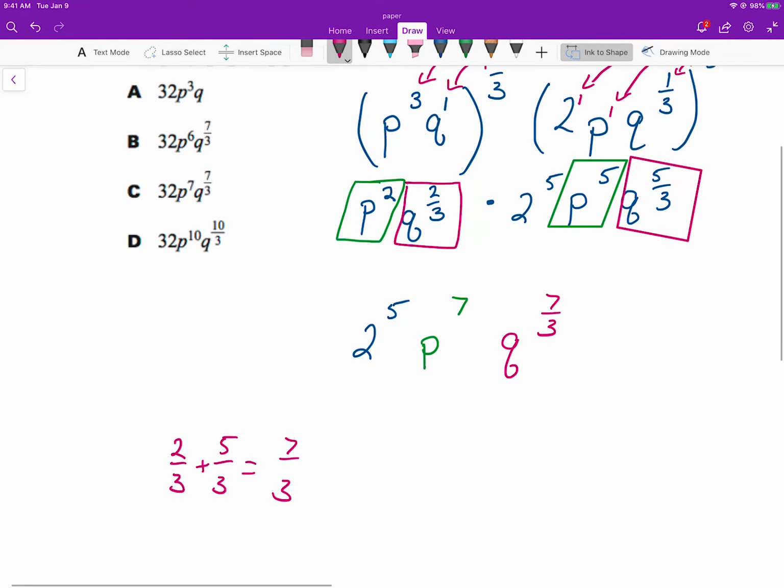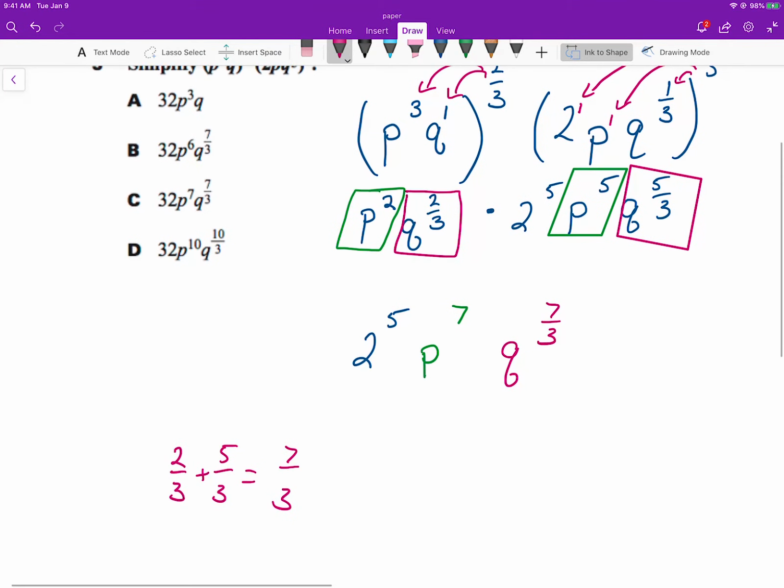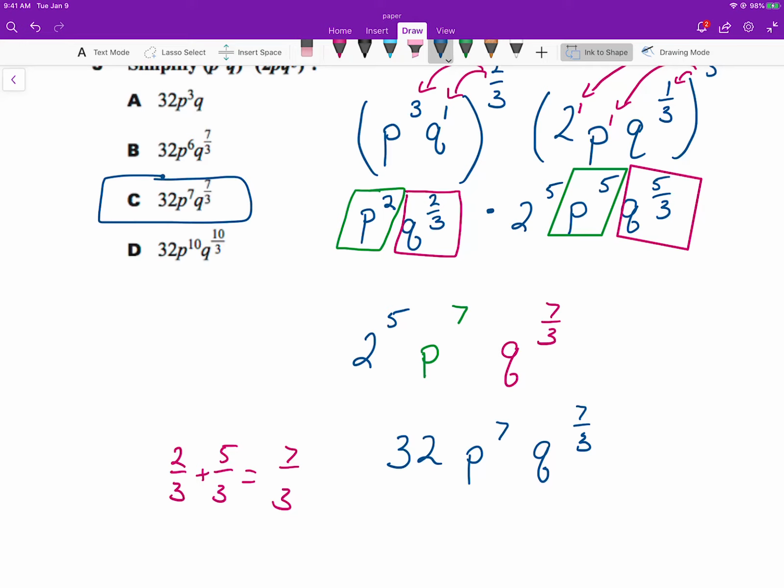So now I'm looking over at my answers. I don't see anything that matches. And the only other thing we could do to this problem is we can say 2 to the 5th, and that would be 32. So we'll have 32, p to the 7th, and then q to the 7/3. And that will give us answer C.